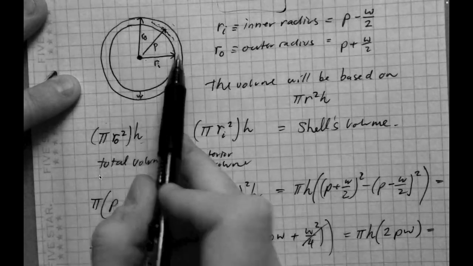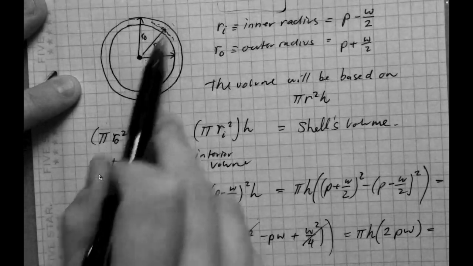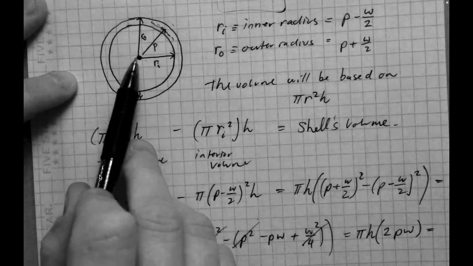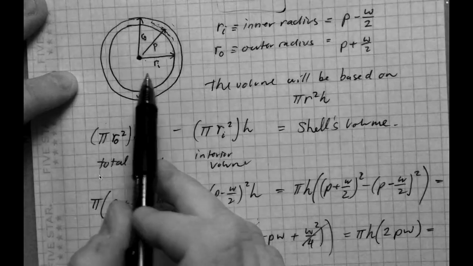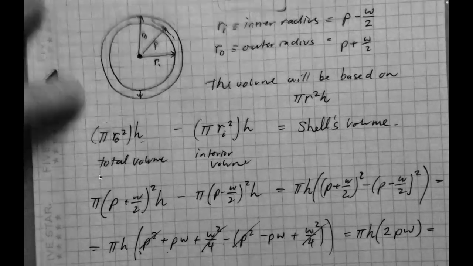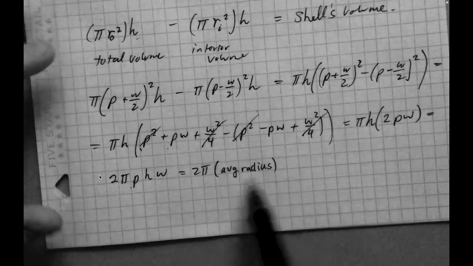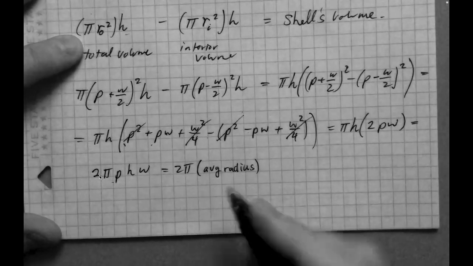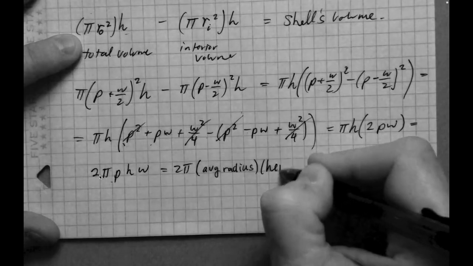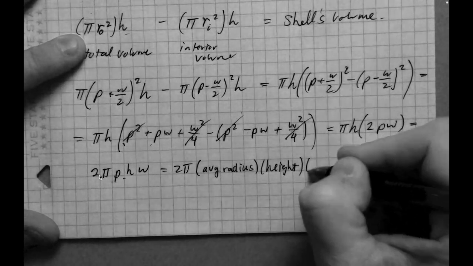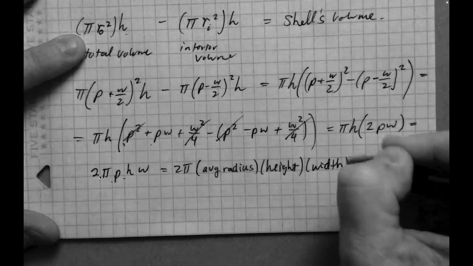There's the inner radius and the outer radius, and P is right in the middle of those two. So if you take this number plus this number, and divide by 2, you get P every time. So it's the average radius. It's also the radius to the center of the shell. You can think of it in that way if you prefer. H is the height of the shell, and W is the width of the shell.